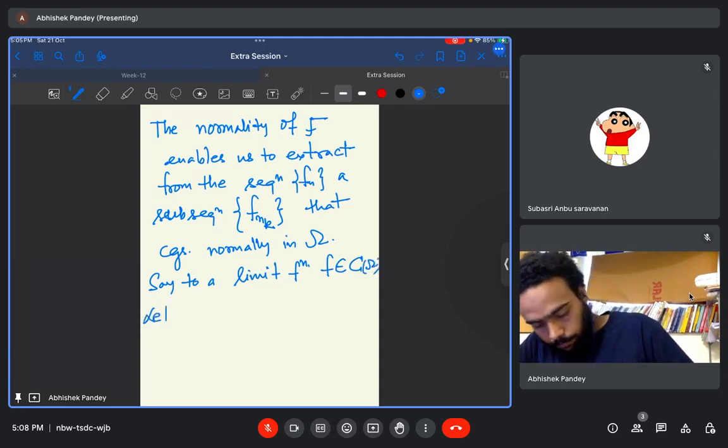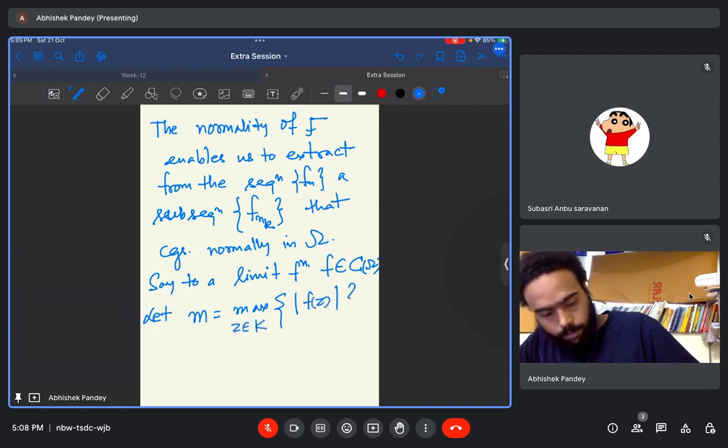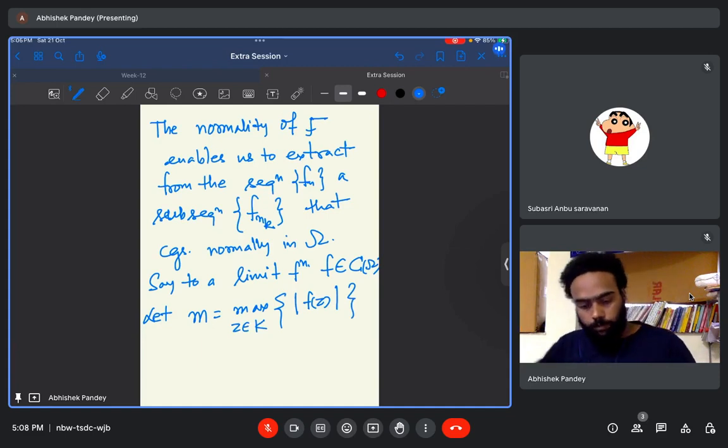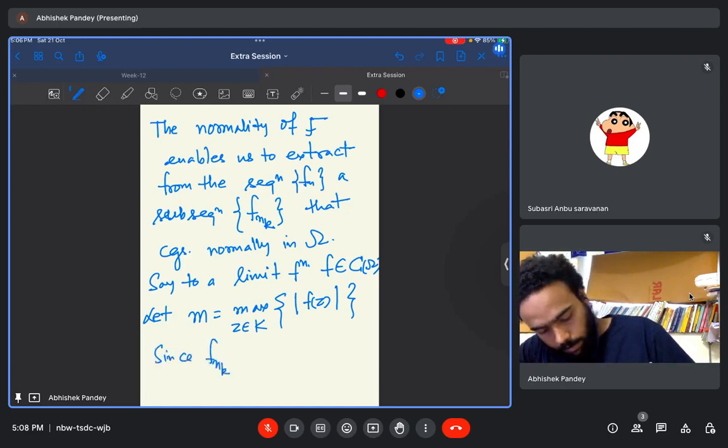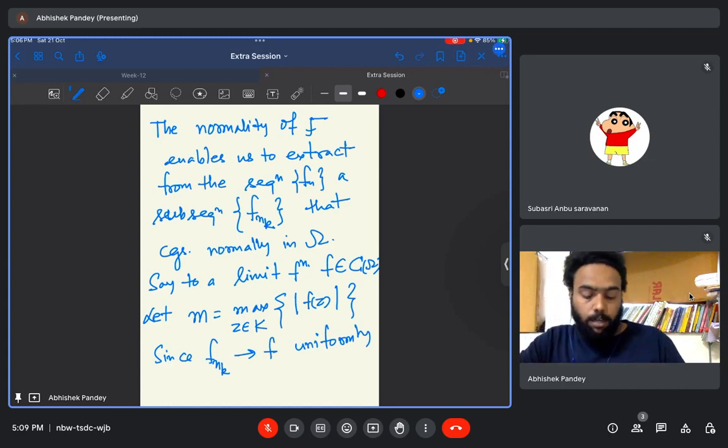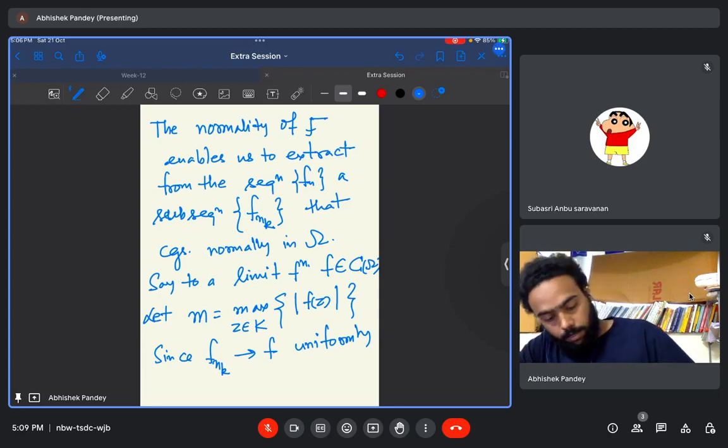Now let M be the maximum of mod of f(z), where z belongs to K. Since f_{n_k} converges to f normally in omega, it converges uniformly on K.